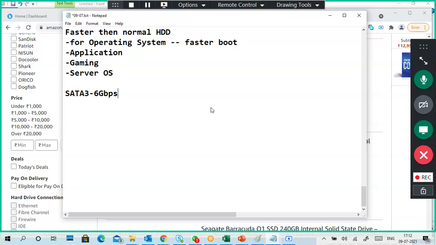If you remove a normal hard disk and insert a SATA SSD, there is no difference, because speed is 6 Gbps only. That is the SATA port speed.